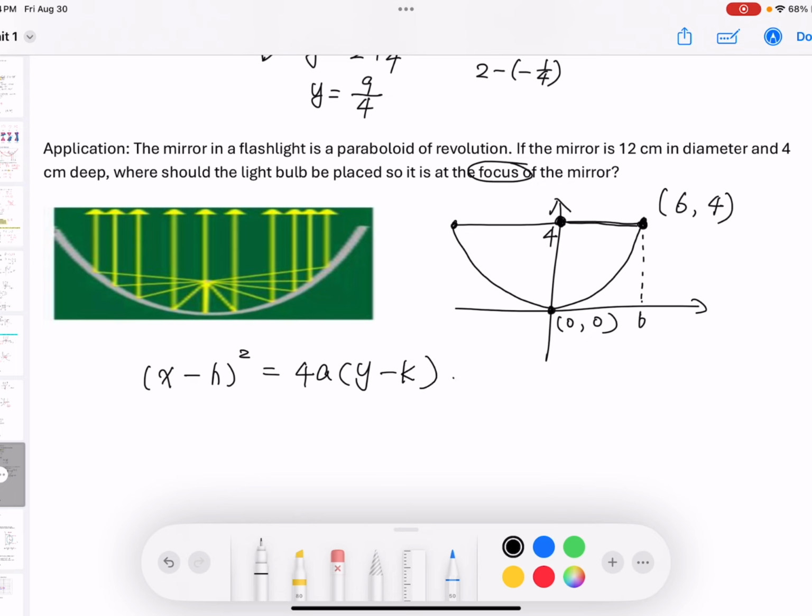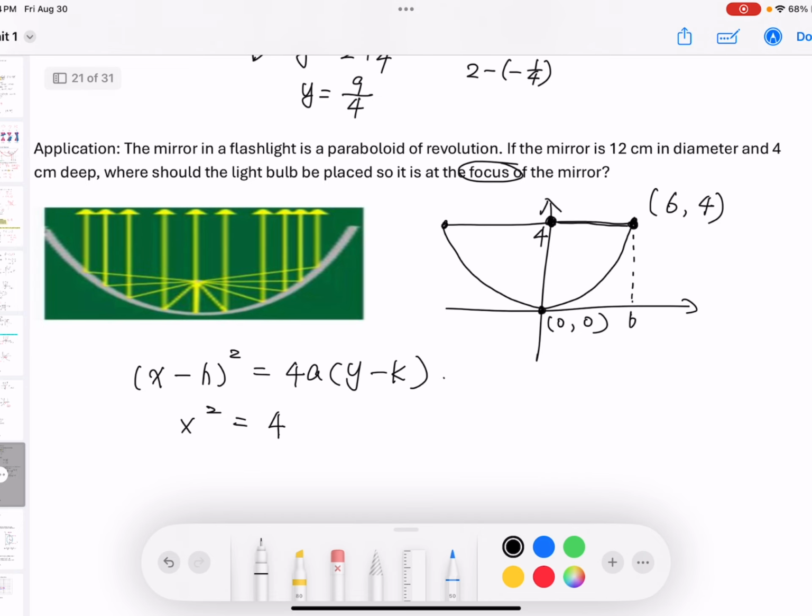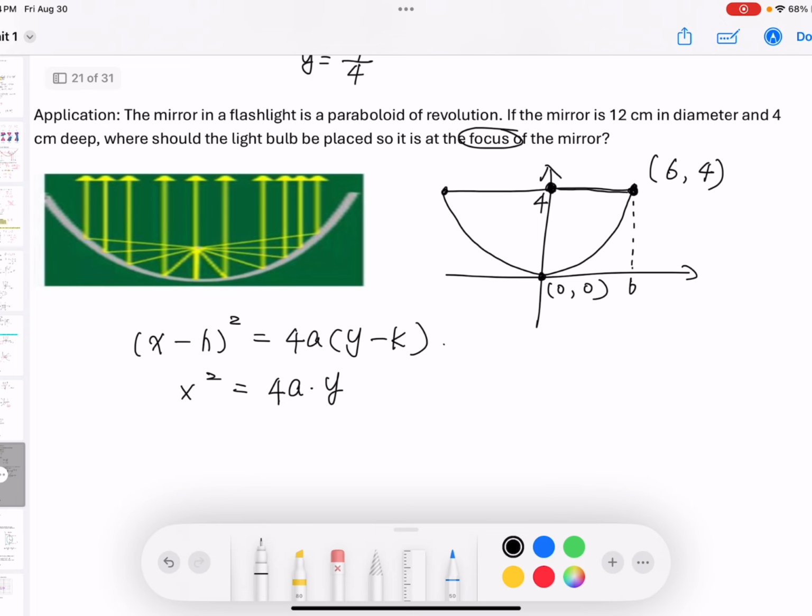With my vertex (0, 0), x squared is equal to 4a times y. And one point is given, which is (6, 4). So put the (6, 4) in this equation: 6 squared is equal to 4 times a times 4.